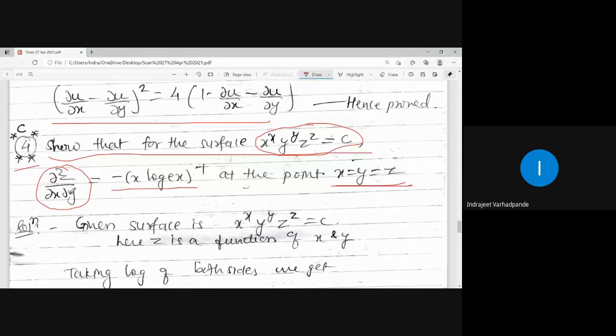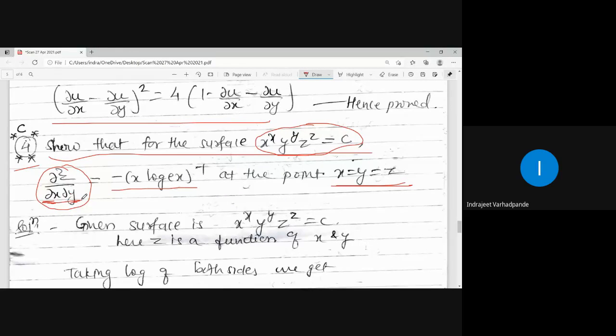Means firstly we have differentiated partially with respect to y, and whatever is the result is differentiated partially with respect to x. And as it is differentiated with respect to x and y, z must be a function of x and y.